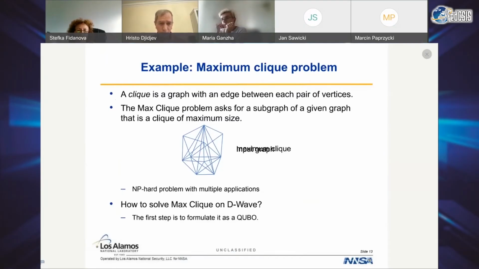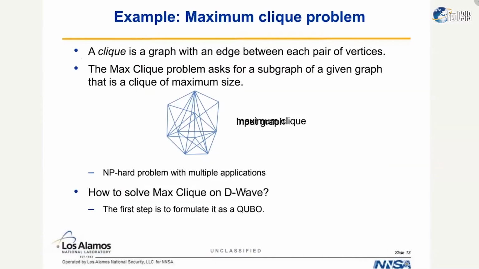And if we have a graph, the max clique problem looks at a subgraph that is a clique and is of maximum size. So what is the largest clique in the graph? That's a maximum number of vertices.